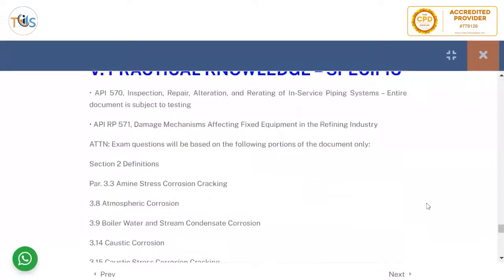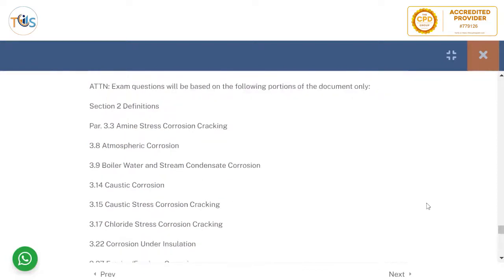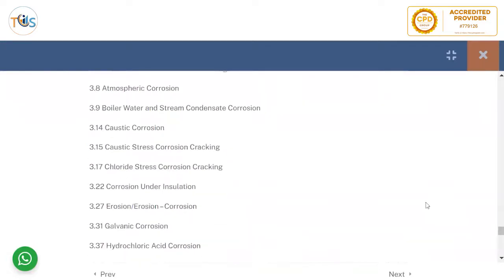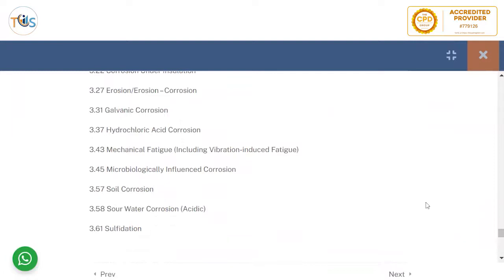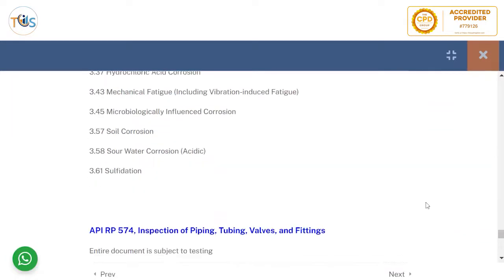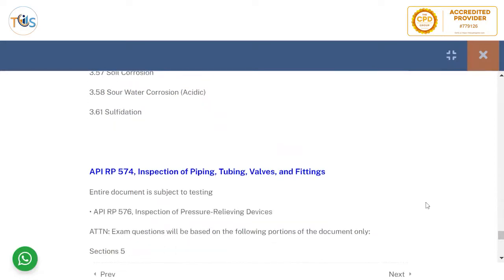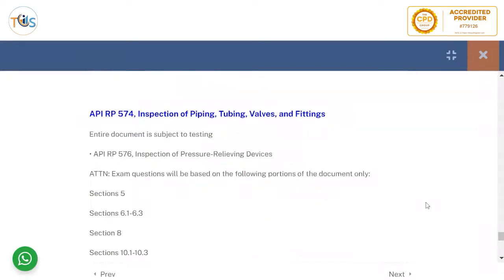And then specifically you should know about 570, 571. All these damage mechanism definitions and vocabulary are especially important, and for these 15, 16 damage mechanisms, we should know the very basics: how it happens, what material it affects, what inspection is required.